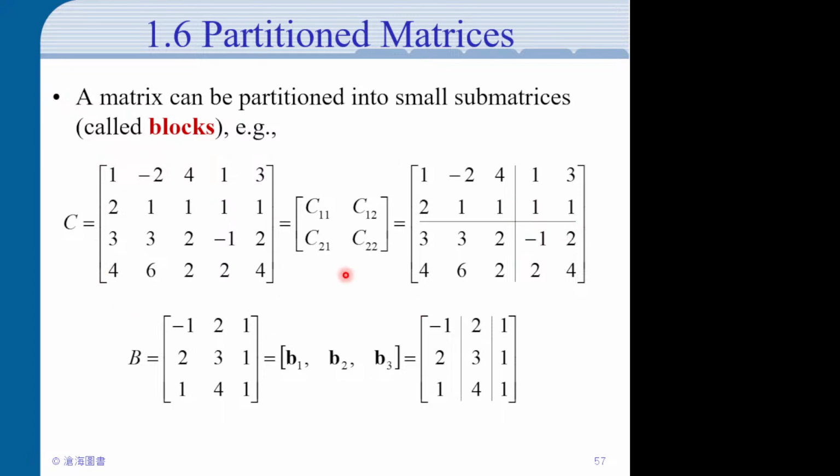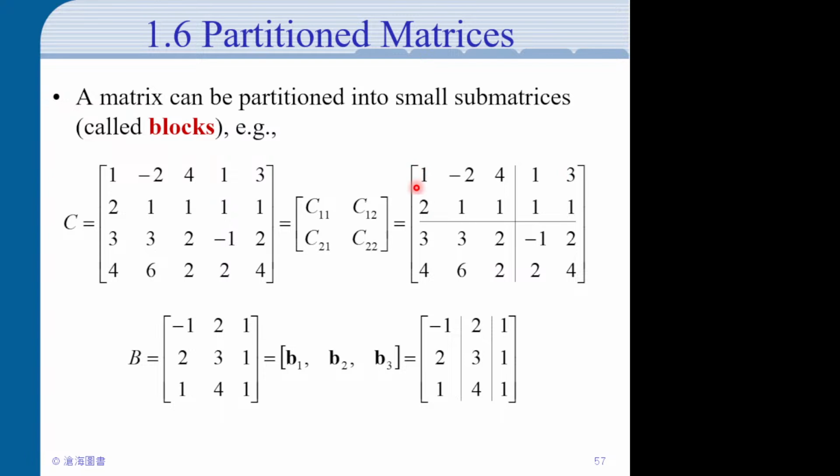It's a block of numbers, and you can section it into whatever smaller blocks. You can draw some horizontal lines and some straight lines, say you draw 2 lines here, and then you partition your matrix into 4 blocks. We call these C11, C12, C21, C22.